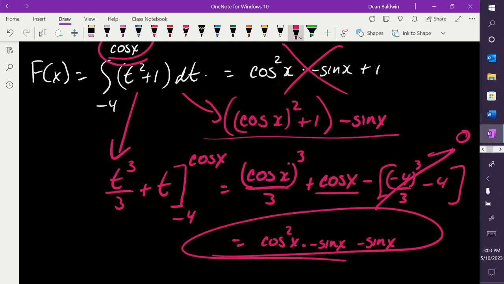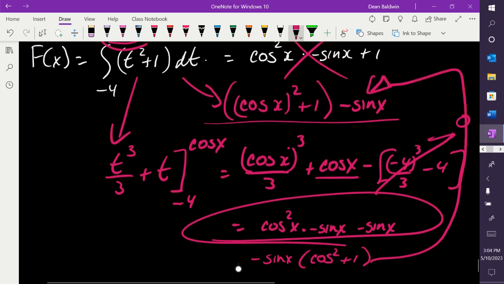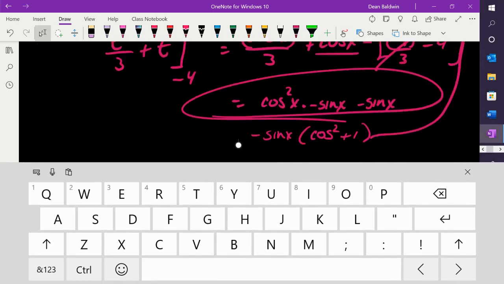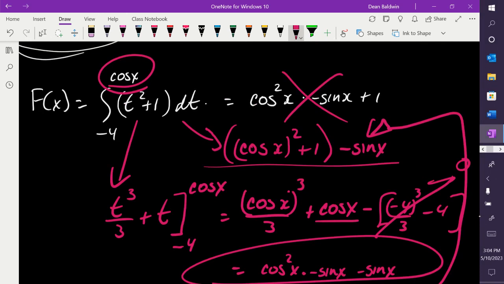That is the same as the one above, because if I factor out a negative sign, I get cos squared of x plus 1, which is that one. So just remember, if there's an addition or subtraction, when you plug in your top number, it's that whole thing multiplied by whatever the derivative is there. That was the only thing that I messed up this morning.